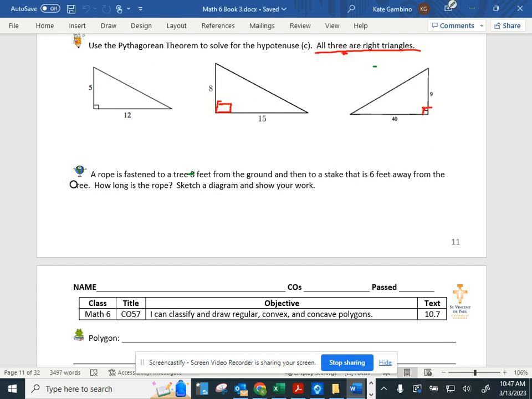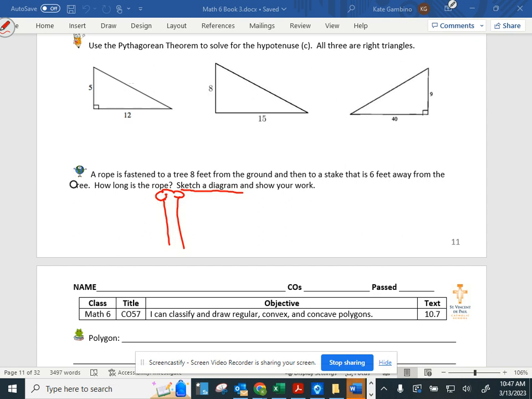Then you have to do your question on the bottom here. A rope is fastened to a tree 8 feet from the ground and then to a stake that is 6 feet away from the tree. How long is the rope? So in order to solve this, you need to sketch a diagram. So you draw your tree.